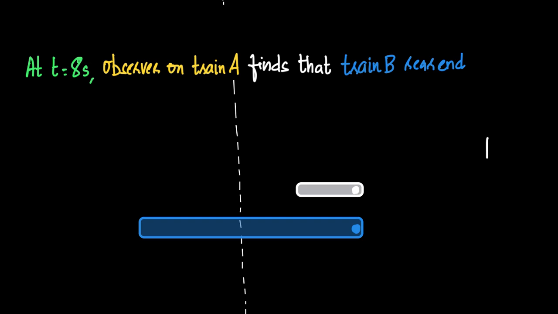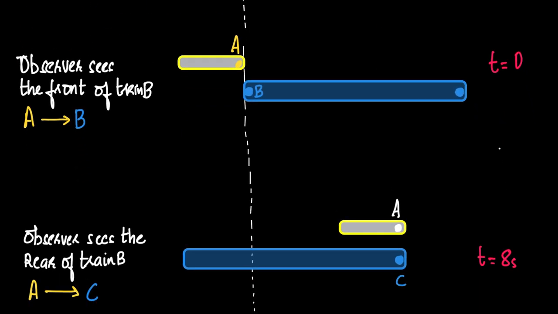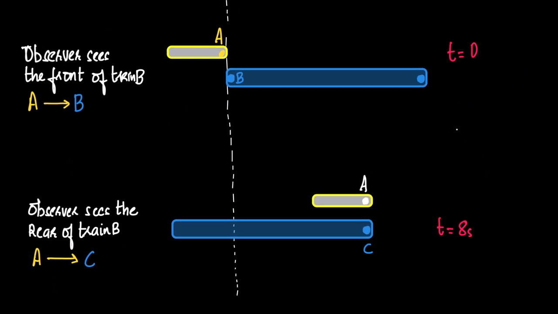After this, if we analyze only time t equal to 0, which is the initial position, and t equal to 8 seconds, which is the corresponding final position: the front of train B aligns with the front of train A, which is the initial condition, and the observer at the front of train A aligns with the rear of train B, which is at C, the final position.